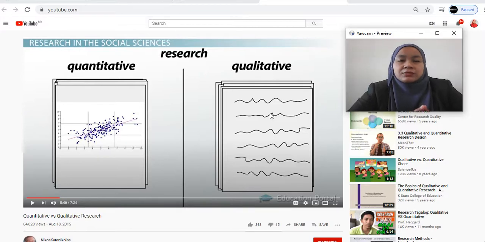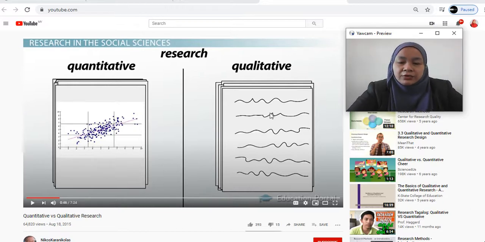What else, in terms of sample size or respondents? A quantitative study can involve many respondents. However, a qualitative study may include a very small number of respondents, because it involves deep analysis.